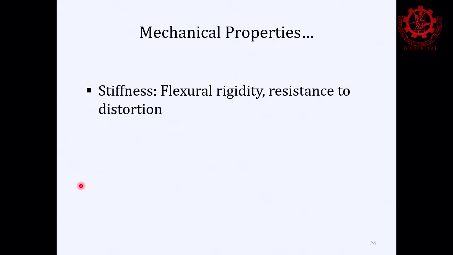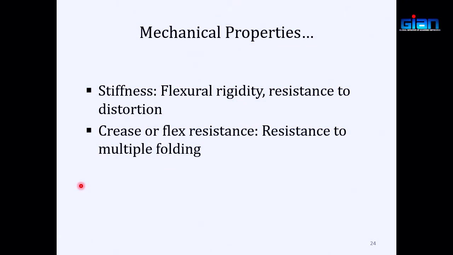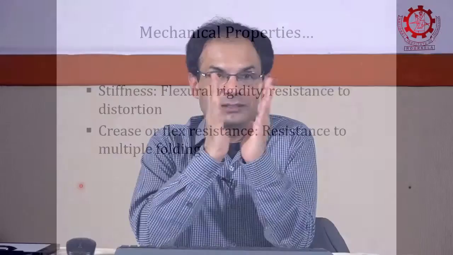Stiffness is the resistance to distortion. Sometimes we try to fold, so how flexible that is, that's the stiffness. And crease or flex resistance is when you do multiple folding. It's not just the bending, but the multiple folding. So sometimes we take a paper, we fold once, fold a second time, a third time, have multiple folding.